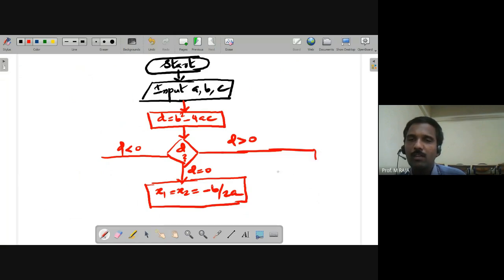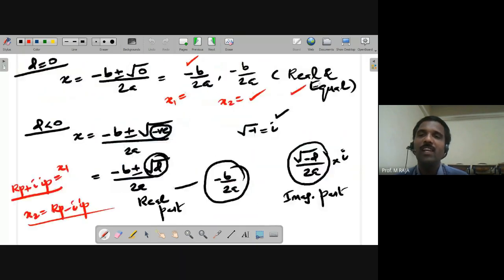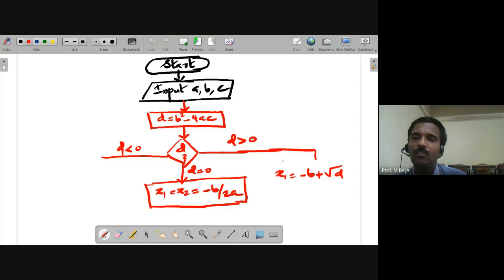How to write? x1 is equal to minus b plus square root of d. This would be the numerator. This is entirely divided by 2a. So I write here minus b plus square root of d by 2a.